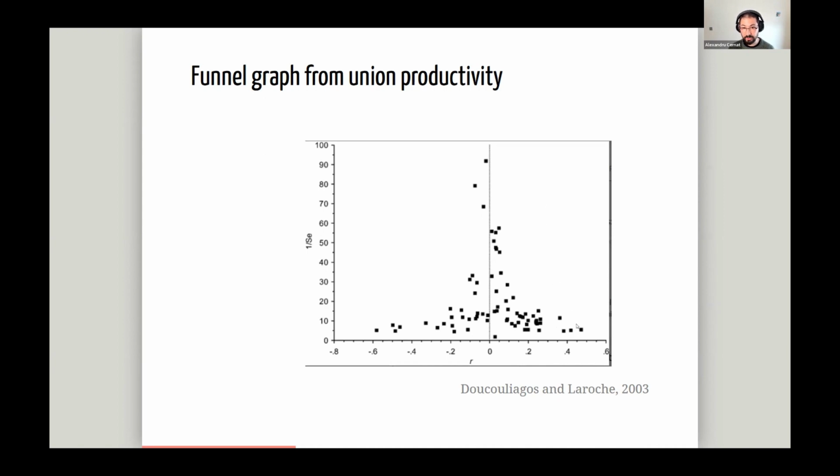Ideally, what we would expect is this almost normal distribution, or funnel, where we have approximately the same number of cases on the right and left side of the average effect. The average effect is somewhere around 0 in this case, so this is a good graph. It doesn't seem to show any kind of pattern.